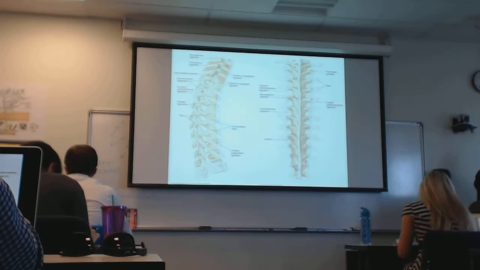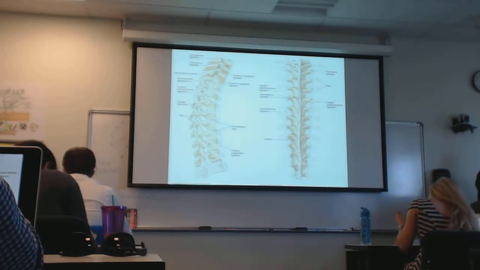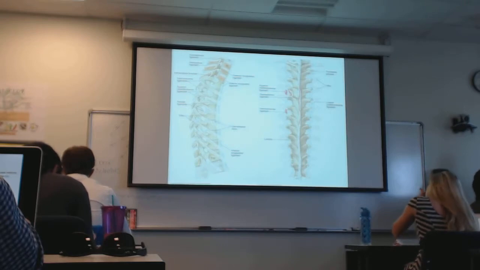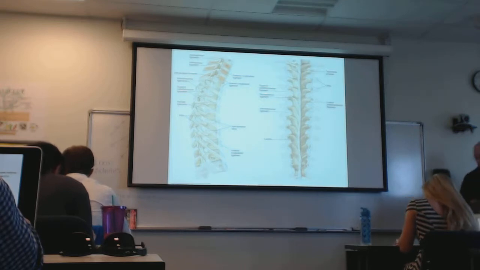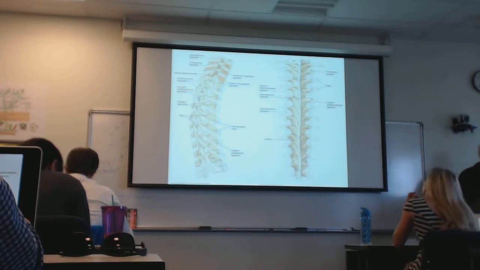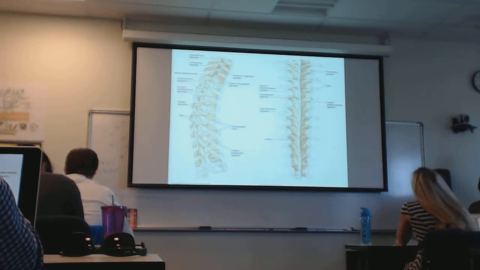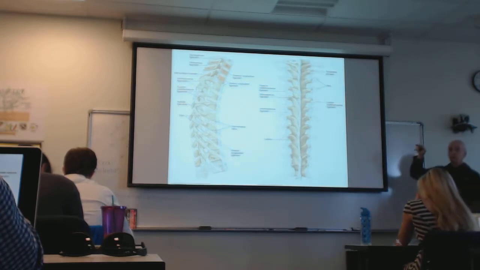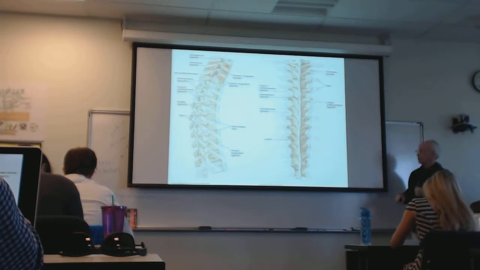So again, supraspinous ligament here, intertransverse and costotransverse over here. You can sort of see the intertransverse there, the costotransverse along those planes. Remember in our discussion of the vertebra, the vertebral arch consists of pedicles and the lamina. So the lamina is the portion of the arch that includes the transverse processes and the spinous processes.